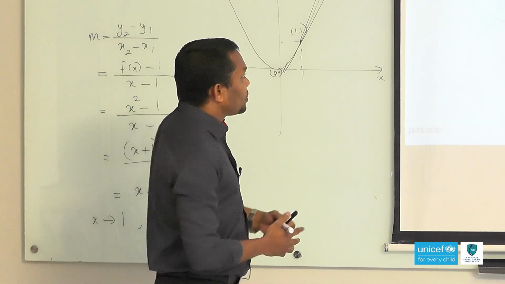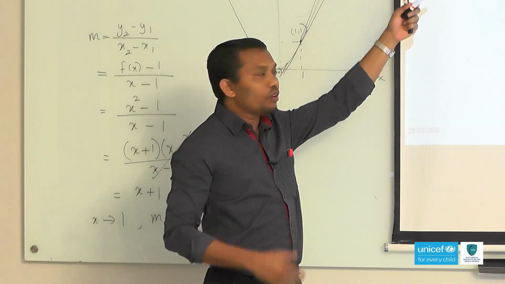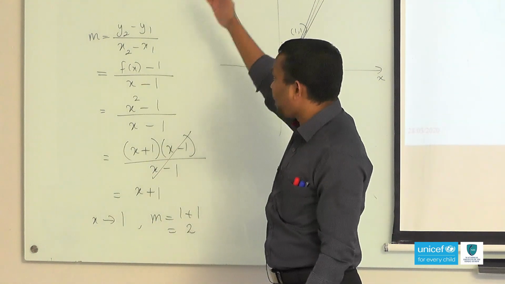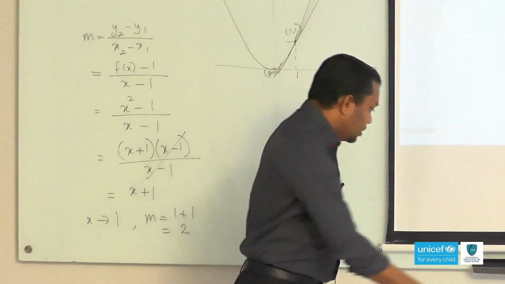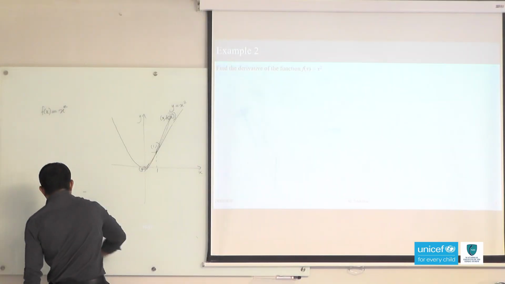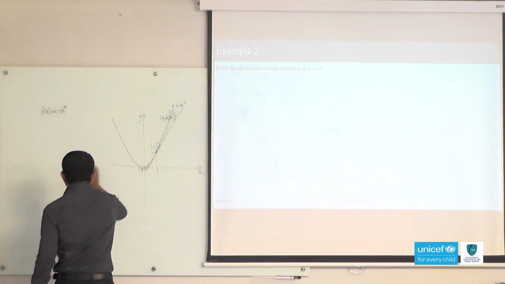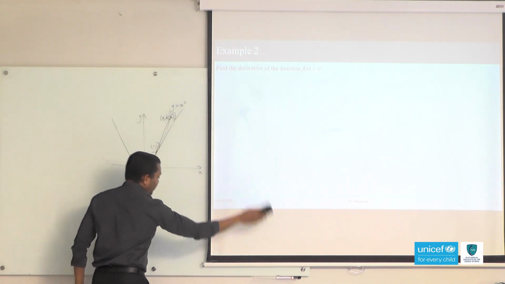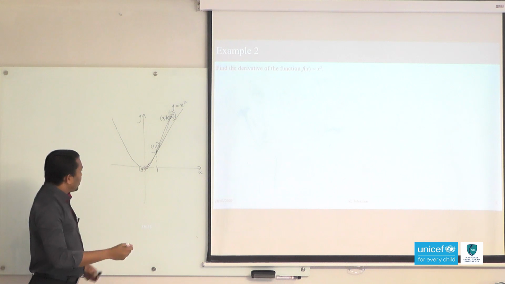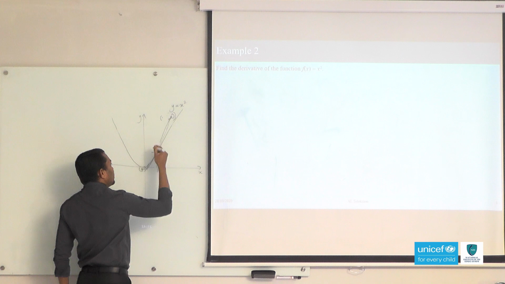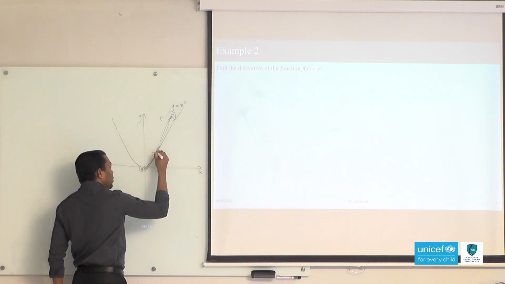So, I am going to now show you how to find the derivative of the curve f of x equals x squared in general, not just at a point like 1 comma 1. So, let me choose an arbitrary point on the curve with coordinate x comma x squared.